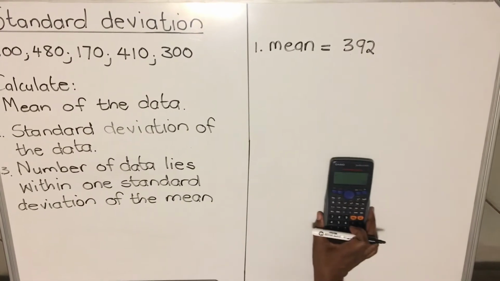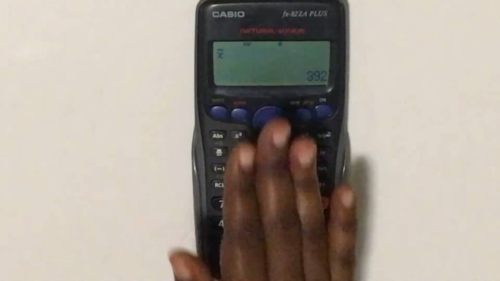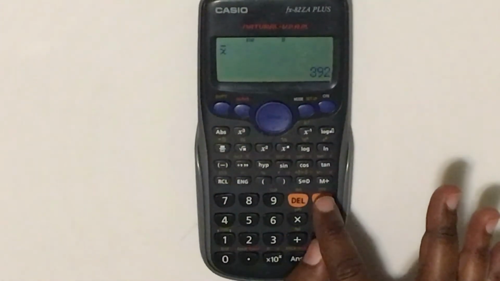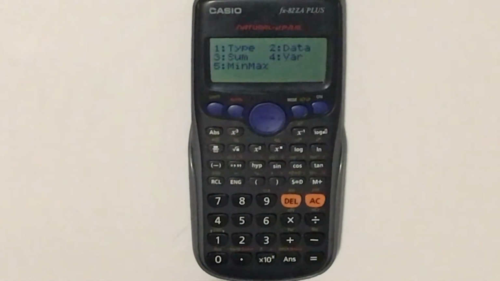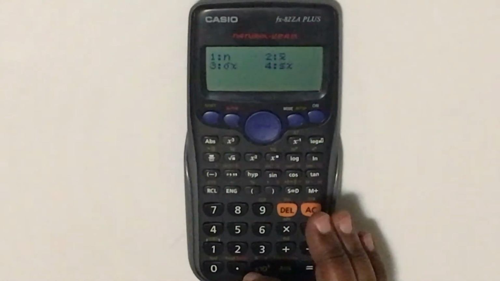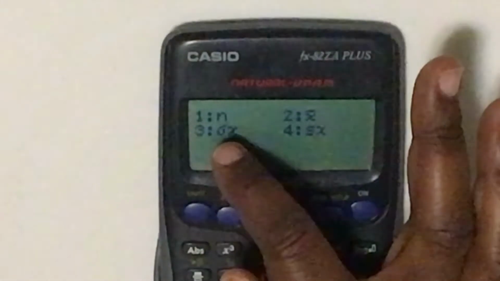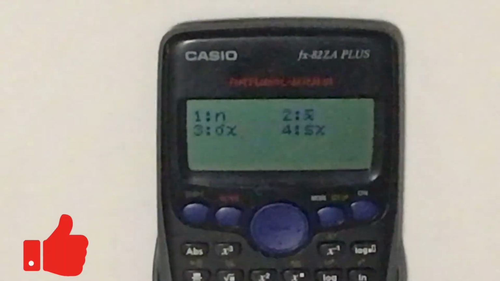Okay, the next question says calculate standard deviation of the data. Okay, let's go back to our calculator. Now for the standard deviation, we already put the data, it is still in. So you're gonna say AC, then shift, then 1. Then it gives you back to that table. Then it's 4 for variance. Standard deviation is the number 3, the round thing and an X. It's number 3.